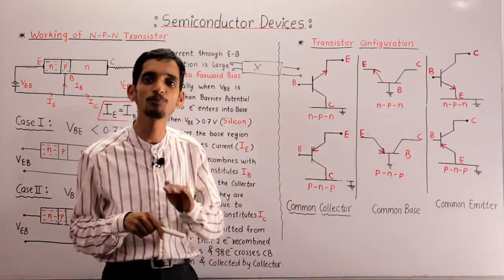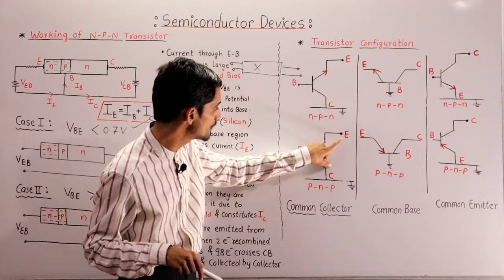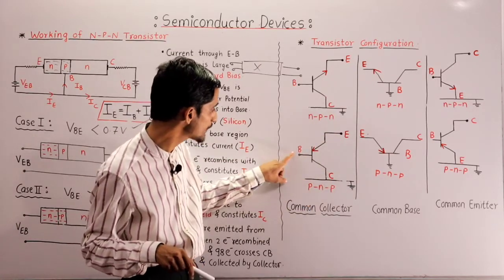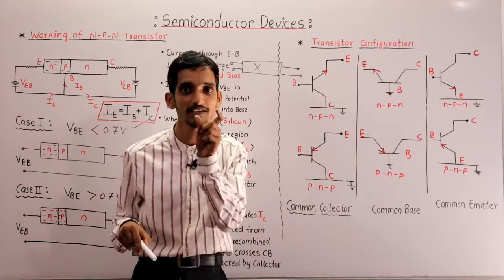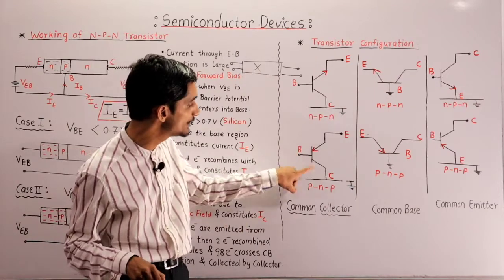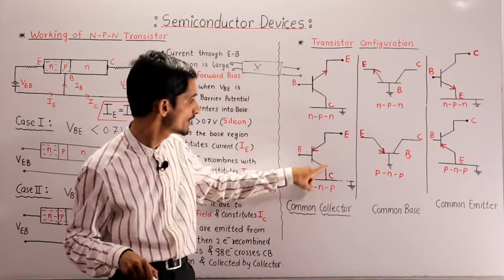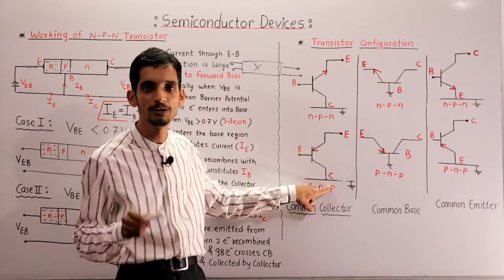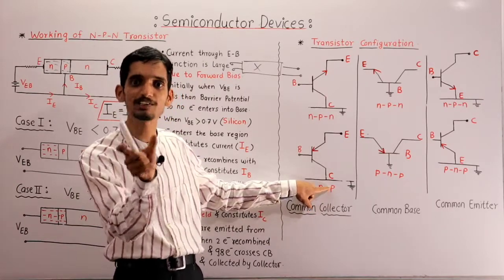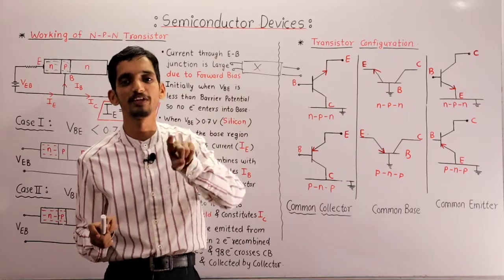We take the output between emitter and collector, and the input is applied between base and collector. So for common collector, the input voltage is VBC and the output voltage is VEC. In both the voltages C is common, so that's why it is called common collector configuration.